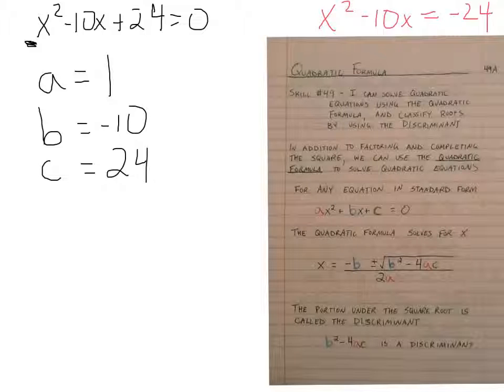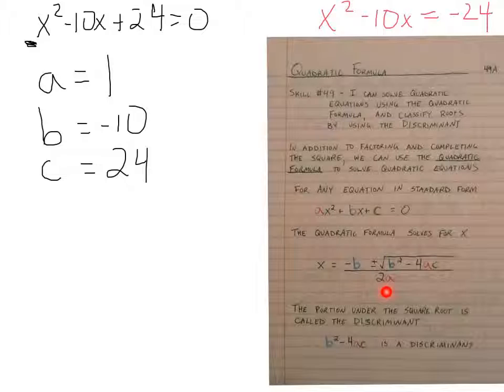The quadratic formula allows us to solve the equation for x. What x for this equation gives us an answer of 0? The quadratic formula says x is equal to negative b plus or minus the square root of b squared minus 4ac, all over 2a. So we're going to plug in our values.